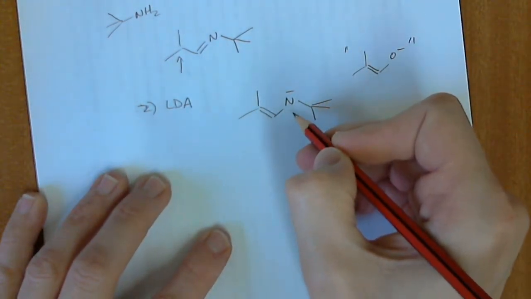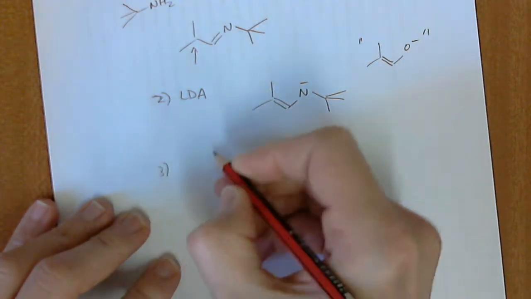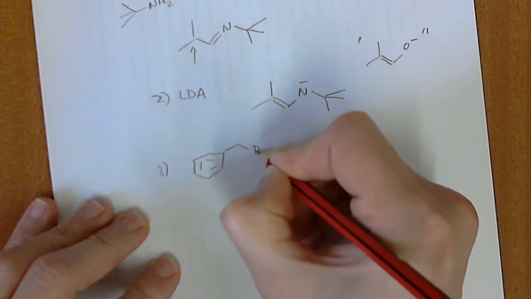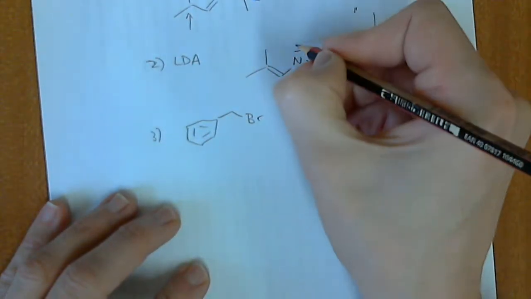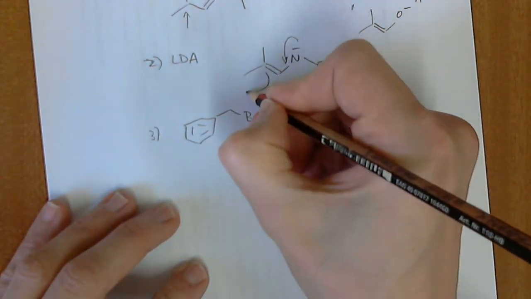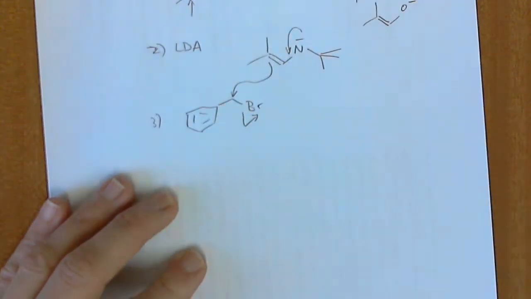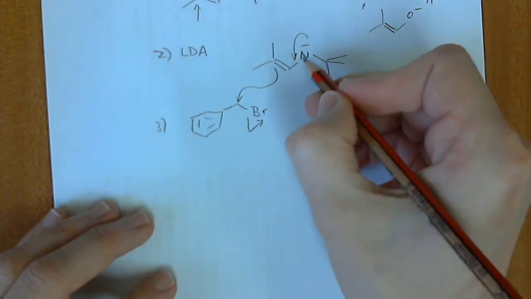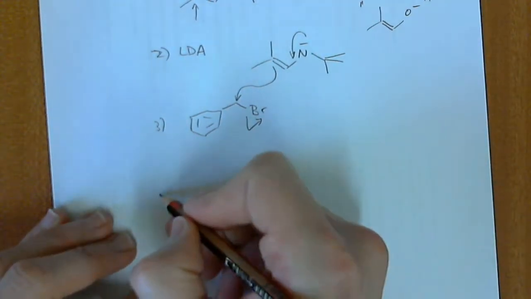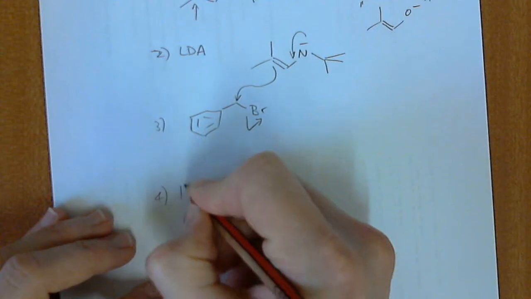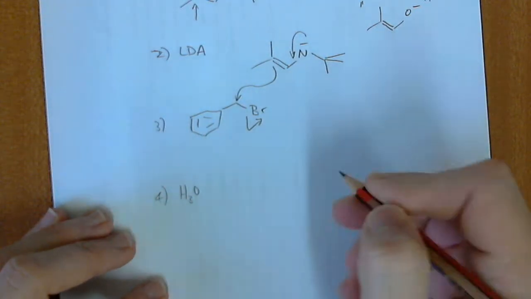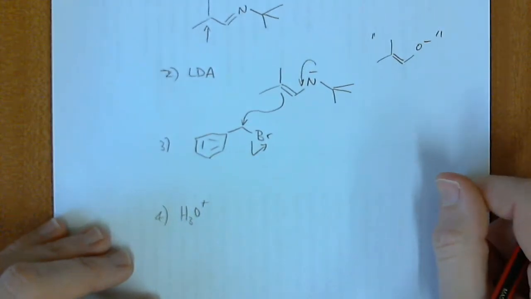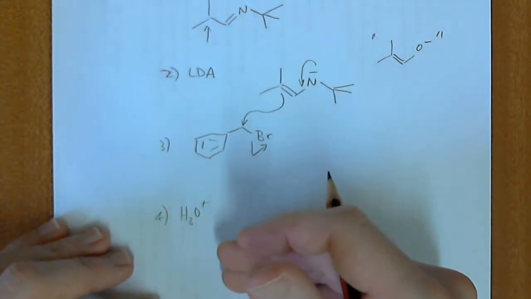This can now do the reaction when we add, third step, our benzyl bromide to the reaction. The last step is to hydrolyze the imine that is formed, so there needs to be a fourth step, which will be adding water and a bit of weak acid to get that to occur. So it's actually a 4-step process for the aza enolate.